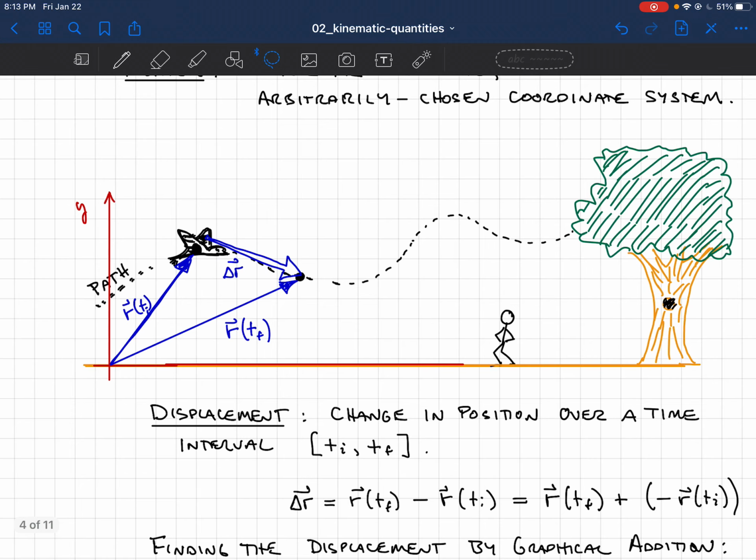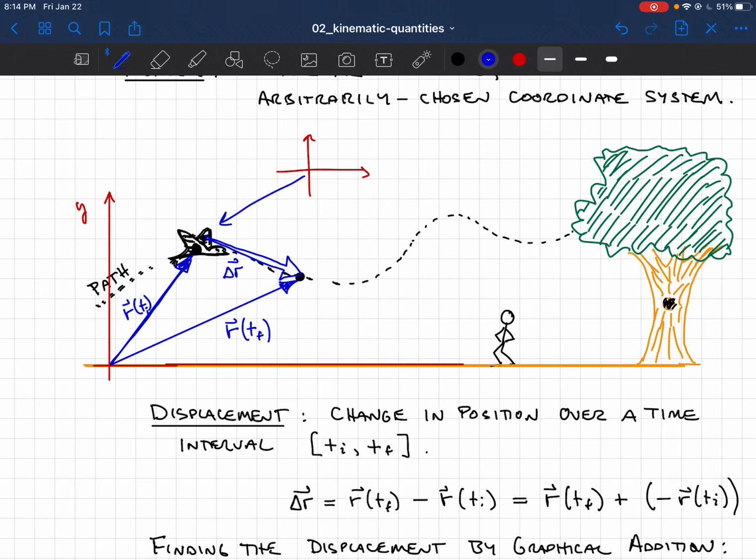What's nice about a displacement is, although my positions were completely determined by the choice of coordinate system that I made, the displacement does not depend on that. Let me just sketch this and then I'll erase it because it's going to be ugly. We could have put a coordinate system up there.